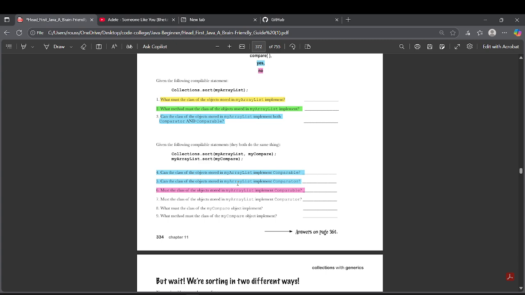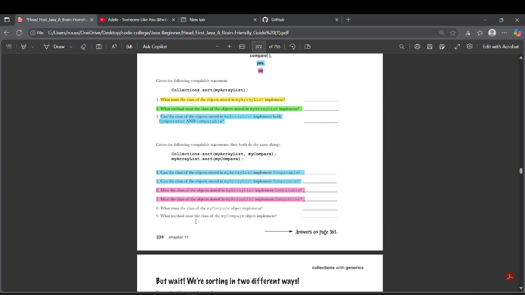Okay, next question. Must the class of the object stored in my array list implement comparator? So must it? I don't think it has to. So I'm going to go with no.